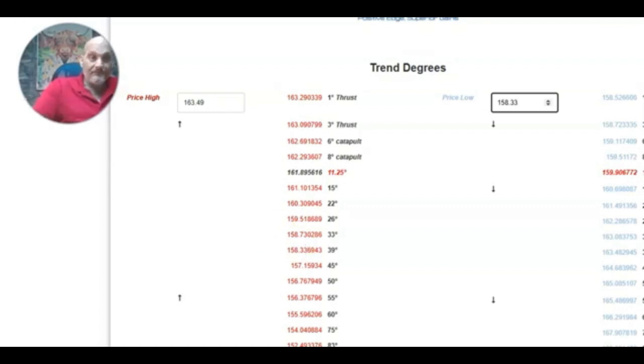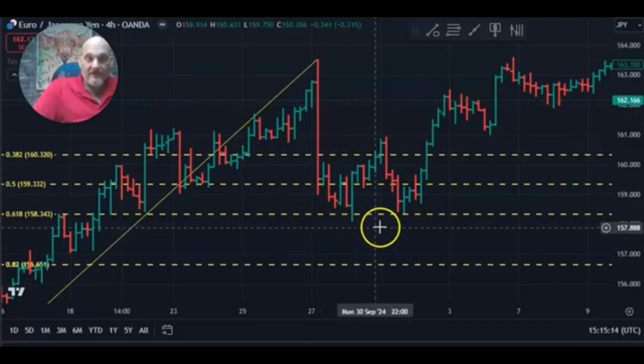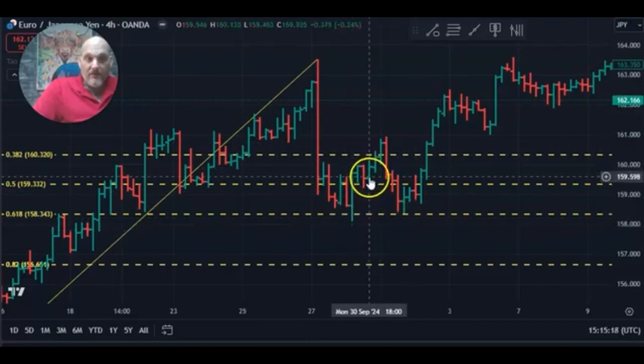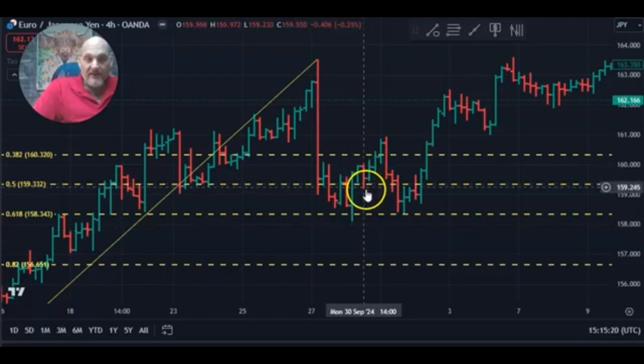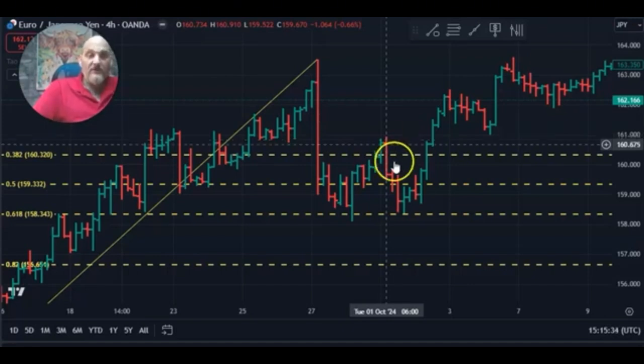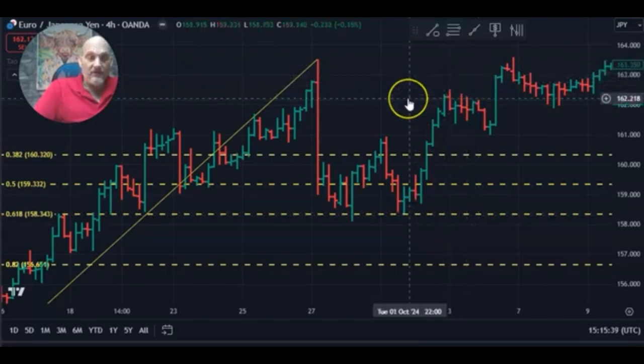So let's see what the marketplace does. Marketplace moves higher. Okay, we would be getting long at like 158.80, something like that. 159 the figure. Okay, marketplace moves up, makes a high at 160.82, comes back down, retraces, and then takes off from there, goes a bit higher.